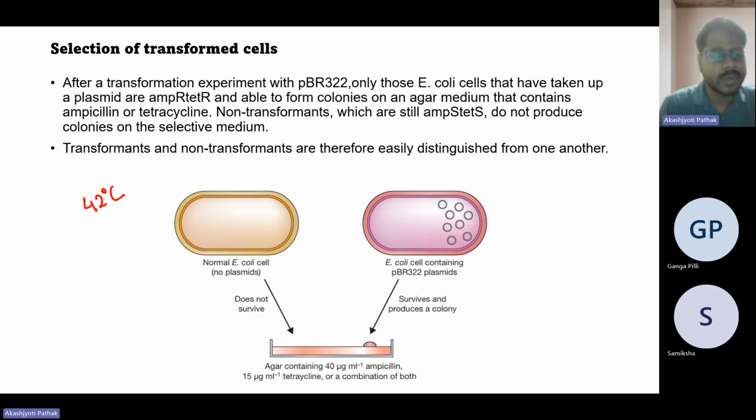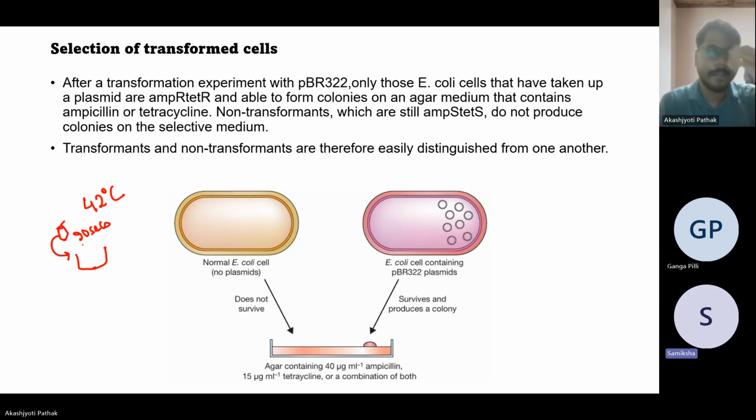In this water bath, you place the microcentrifuge tube for around 90 seconds, and then you take out the microcentrifuge vial and again place it on ice, for another 15 minutes, or a minimum of 5 minutes.